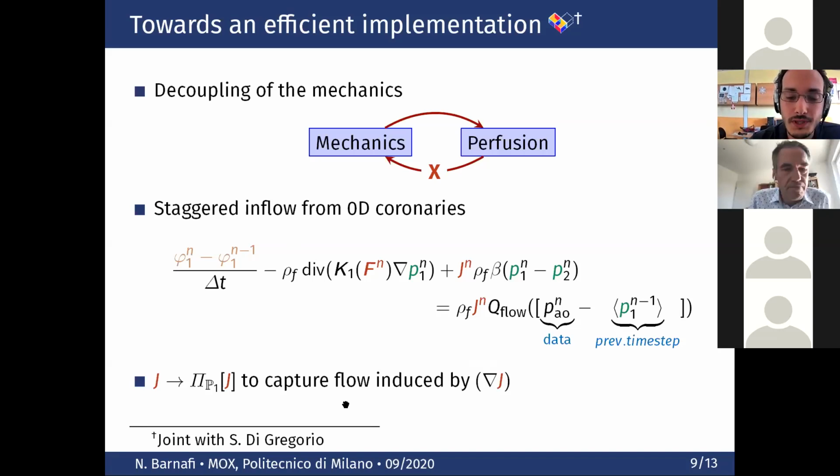One solution would be using expensive P2 or higher-order elements for displacement. But in this case, the decoupling allows us to project J and get the same kind of phenomenon.